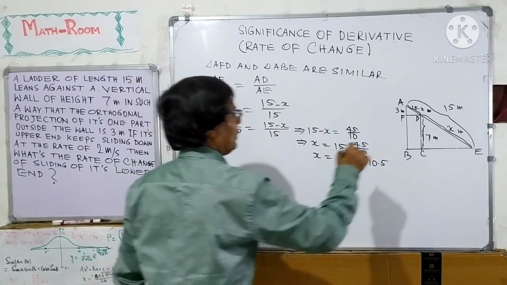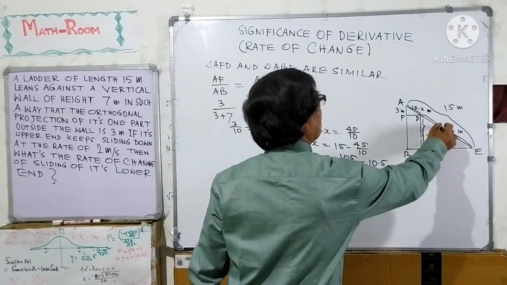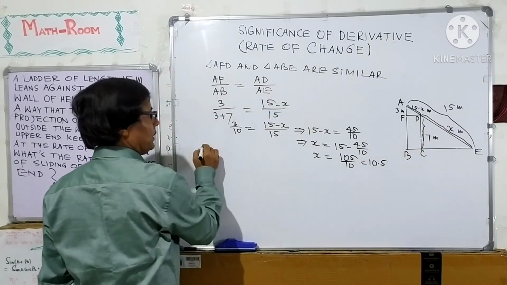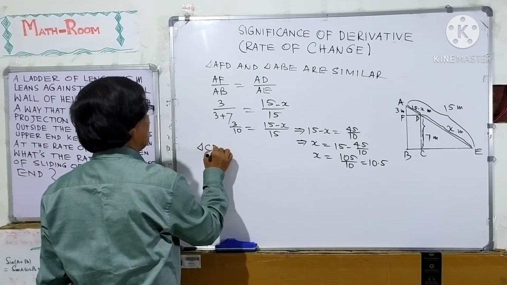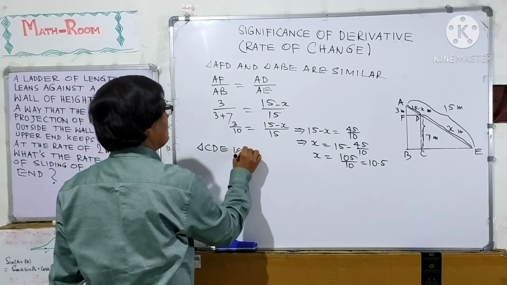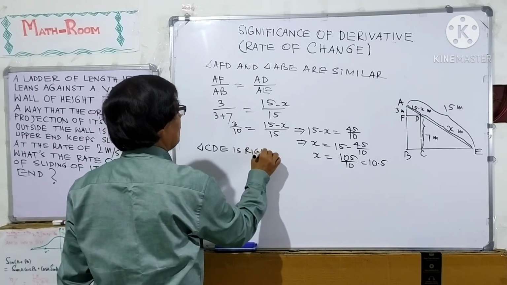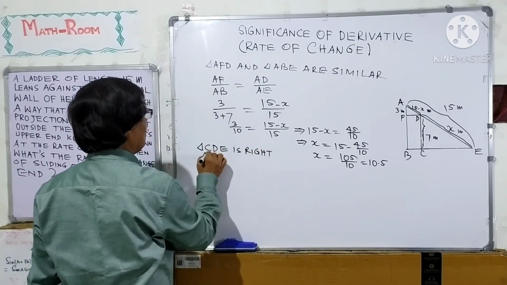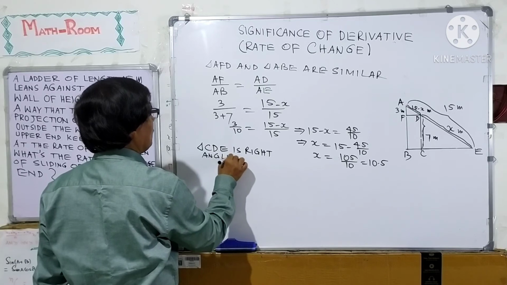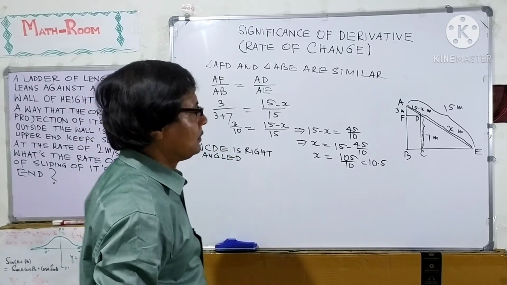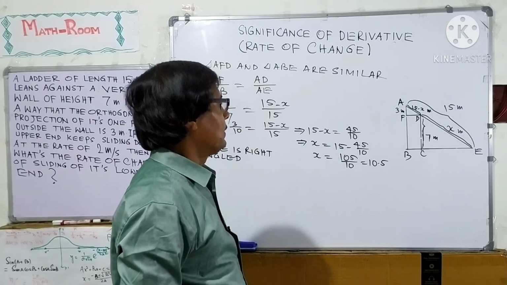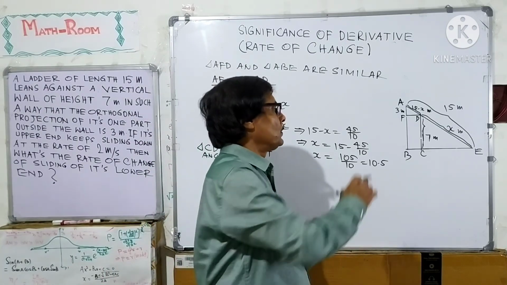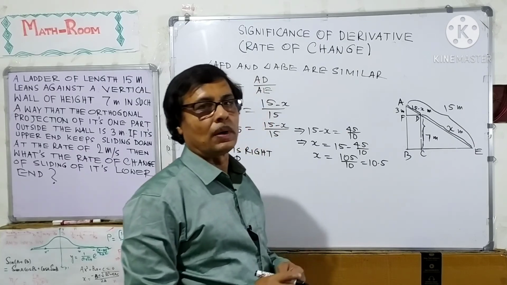Now we also have a right angle triangle CDE. From the properties of a right angle triangle, the square of the hypotenuse is the sum of the squares of the other two sides.